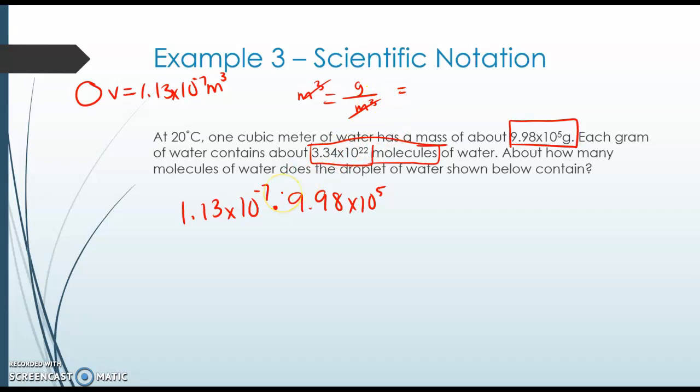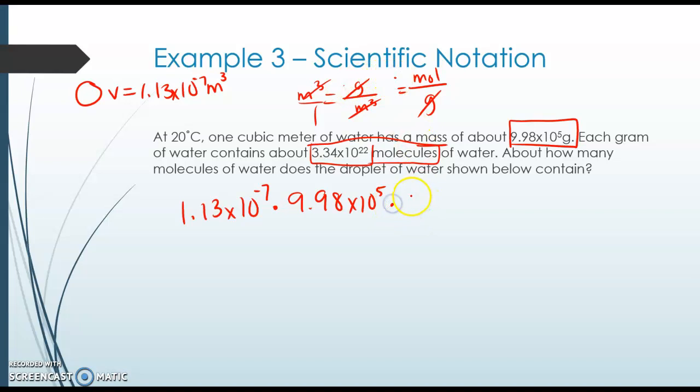But now I need my grams to change into molecules, and I know that each gram contains this many molecules. So I'm going to then take the fact that I'm going to call it a mole to my grams, and my grams will cancel out, which ends up being multiply, multiply, multiply.